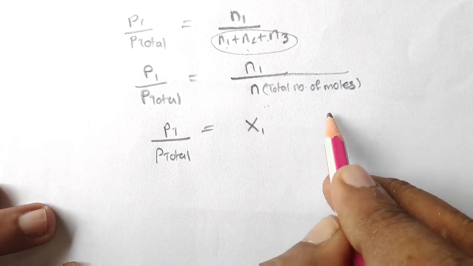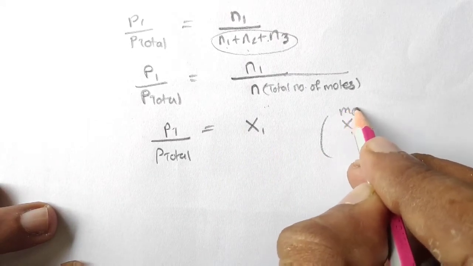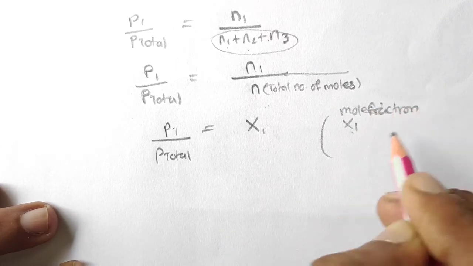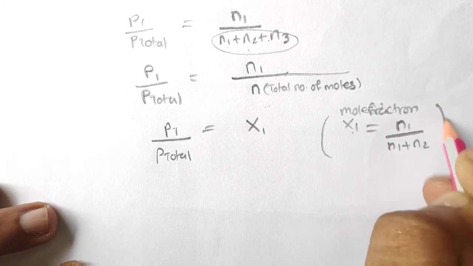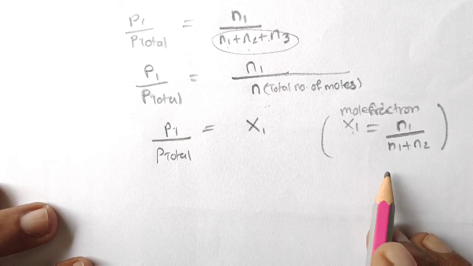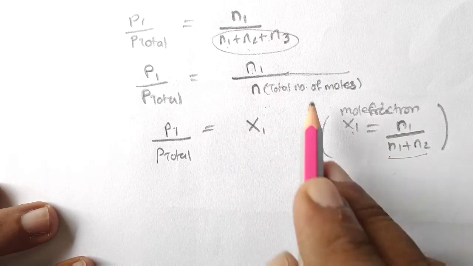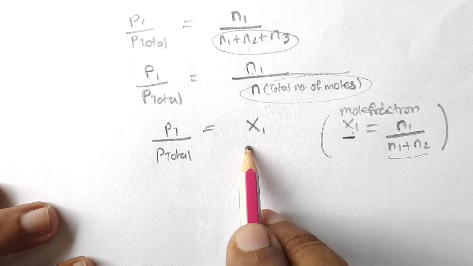Now why is it written X1? Because X1 is the symbol for mole fraction. That is X1 is equal to N1 upon N1 plus N2, which you must have studied in chapter 1. Right? So N1 upon total number of moles we can write as X1.